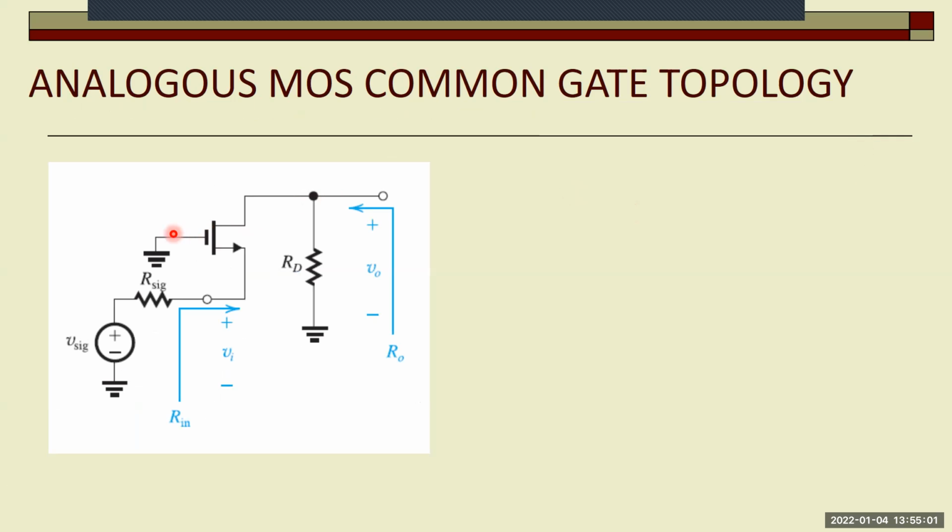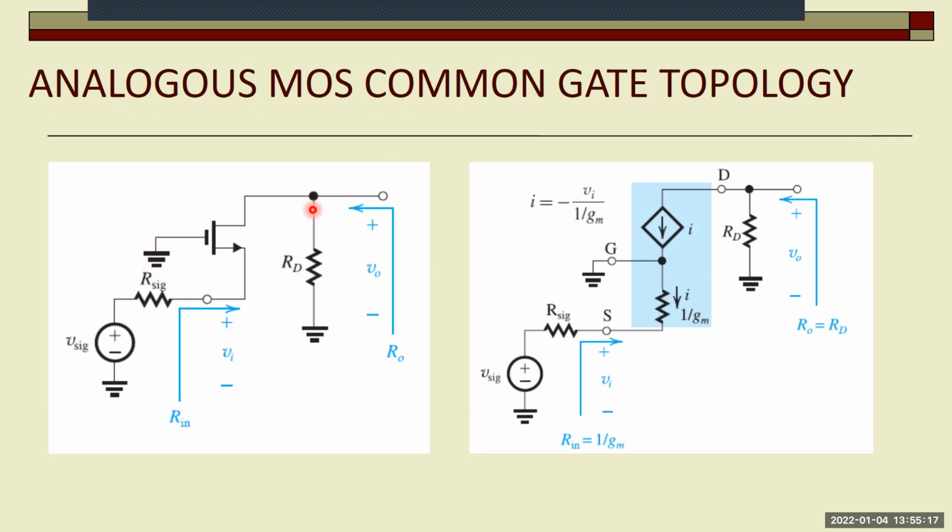All right. Now, analogously, we design this with the MOS. The gate is grounded. The input is applied to the source over this internal resistance of the signal. The output is from drain. The output resistance is, of course, the drain resistance if early voltage effects are neglected.